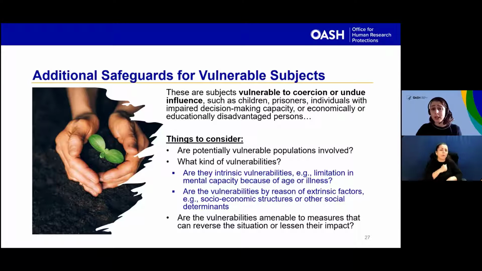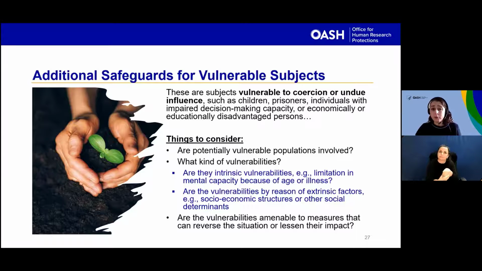So in this case, the thing to consider are the types of vulnerabilities experienced by the subjects and the measures that the researchers will need to employ to protect these participants, or otherwise stated, the measures that will need to be implemented to address the situational vulnerabilities or lessen the impact of vulnerabilities that may be intrinsic.